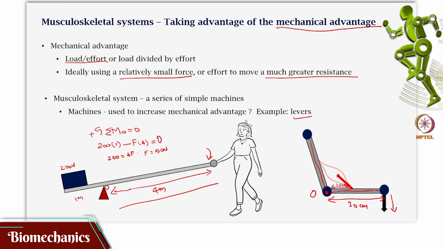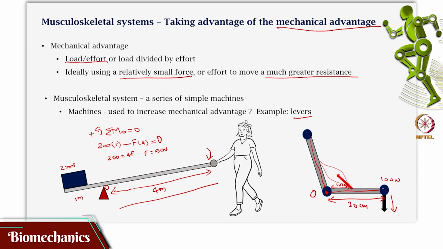In this case, to overcome a weight of 100 Newton, the muscle will have to be producing a force that is much greater than 100 Newton. Why is that? Because in this case the resistance that needs to be overcome is having a larger moment arm, or the force is between the axis and the resistance.